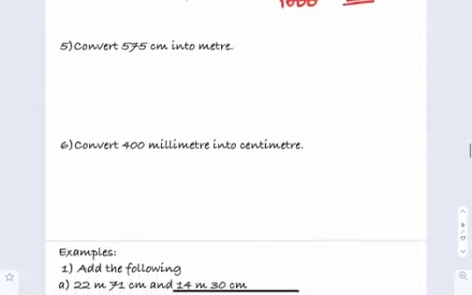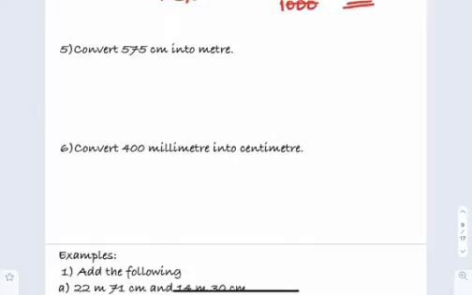Did you get it? Okay. Now for the next problem. Convert 575 centimeters into meters. For this also, centimeters to meters is from smaller to bigger. The standard which involves both centimeters and meters is 100 centimeters is equal to 1 meter.